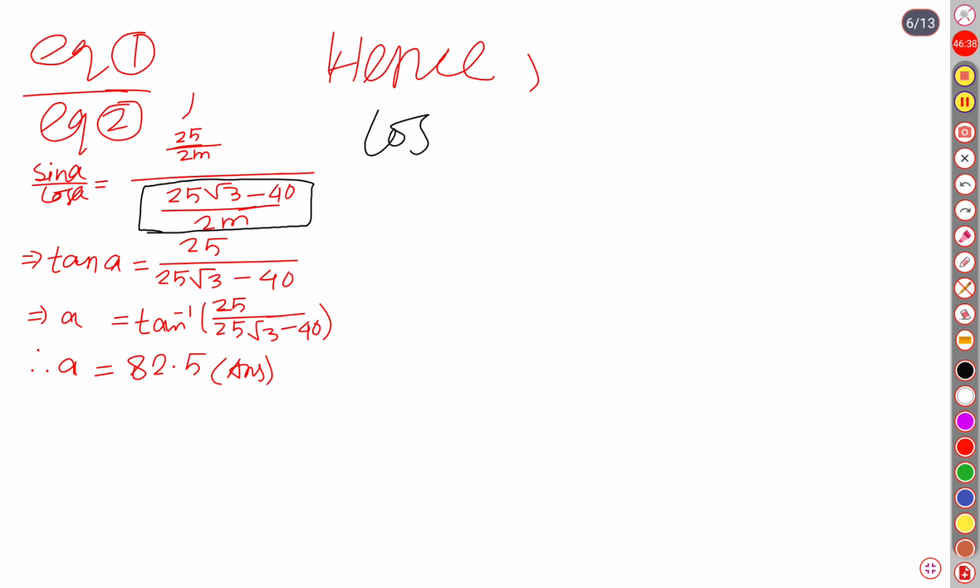cos alpha is equal to 25 root over 3 minus 40 over 2m. My stylus works very slowly.